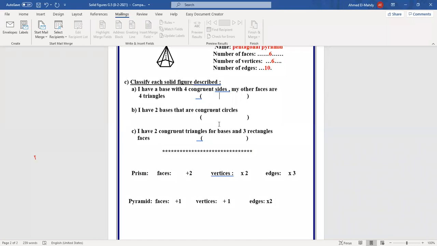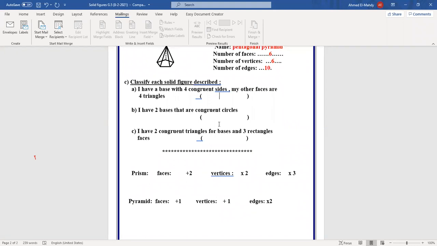It has 4 equal sides. What is the shape which has 4 equal sides? Adi says rectangular pyramid.